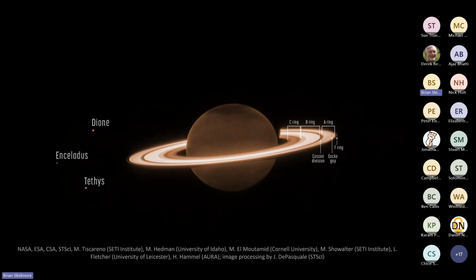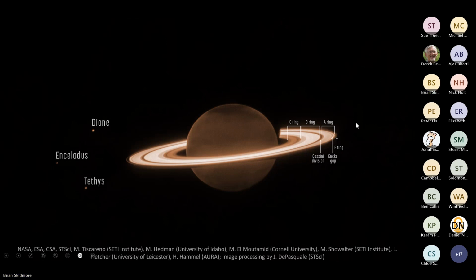So again, not obviously a take-home scientific message at the moment, but scientists are trying to work out the reason for this darker, this attenuation around the North Pole of Saturn. You can see Dione, Enceladus, and Tethys here. We'll talk about Enceladus in a moment, and the various rings that have been well catalogued.